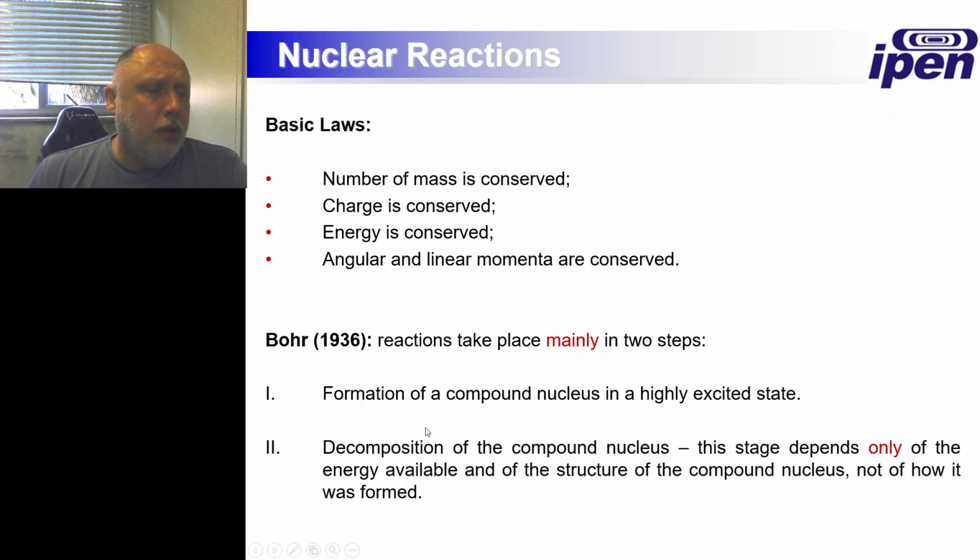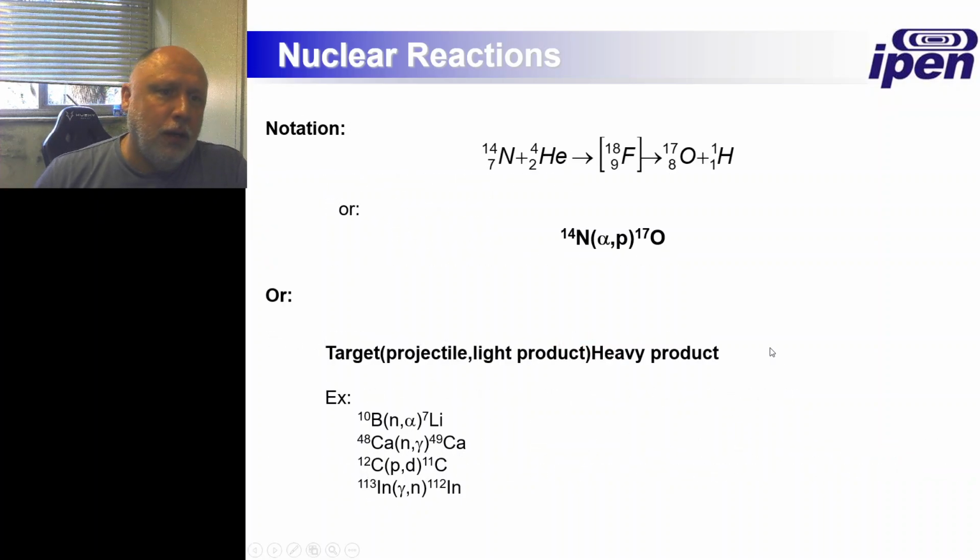Bohr in 1936, trying to describe how a nuclear reaction happened, and he was talking about, we'll talk about later, but he was talking about what we call a complete nuclear reaction, or fusion evaporation reaction is the complete name. First of all, you form a compound nucleus in a highly excited state. So these two join up and form this compound nucleus in a highly excited state.